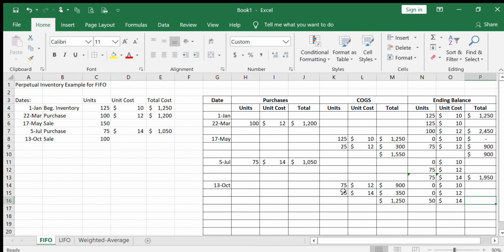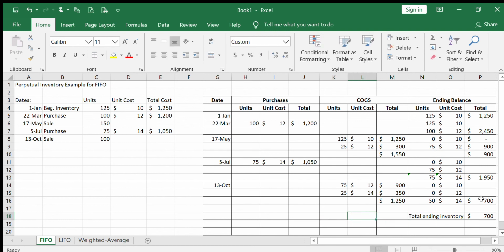So again, this will give us our total inventory amount of $700 after that sale. So by using our first in, first out method, we figured out that our total ending inventory for the year is $700.